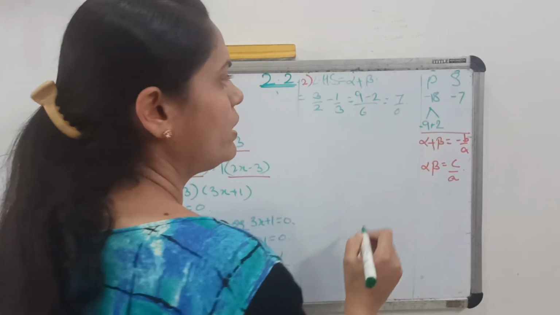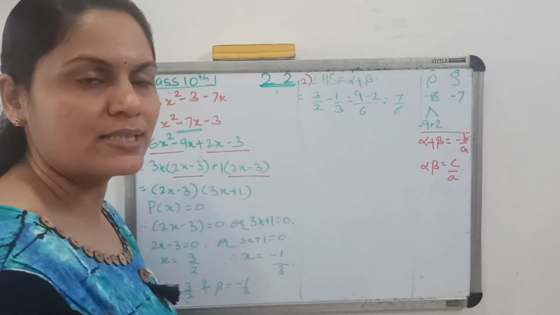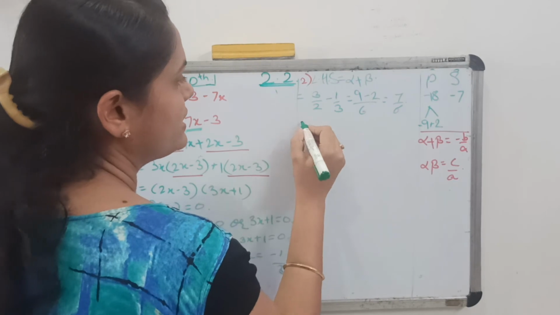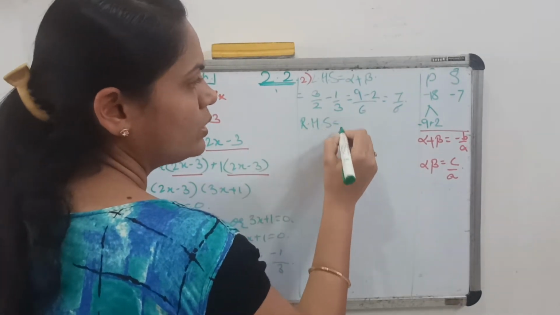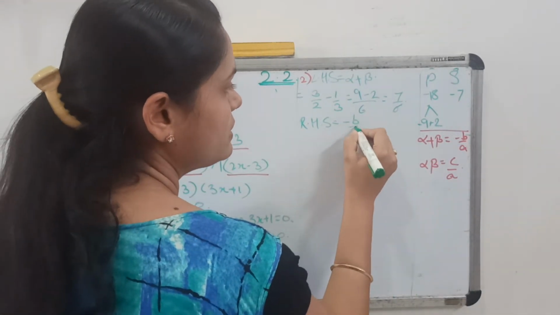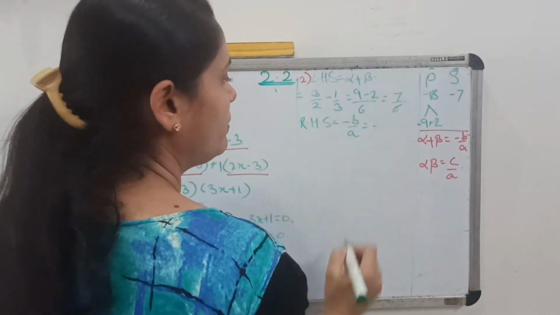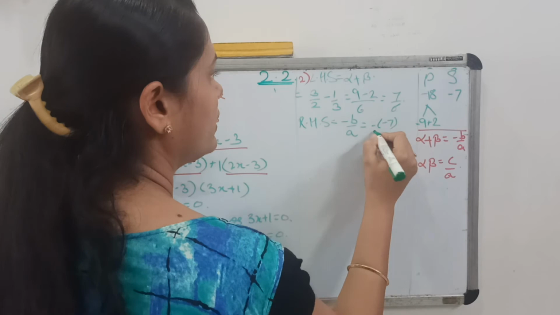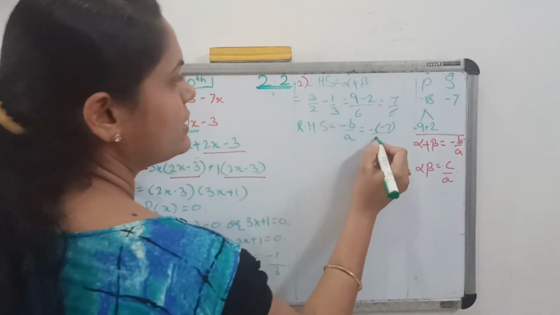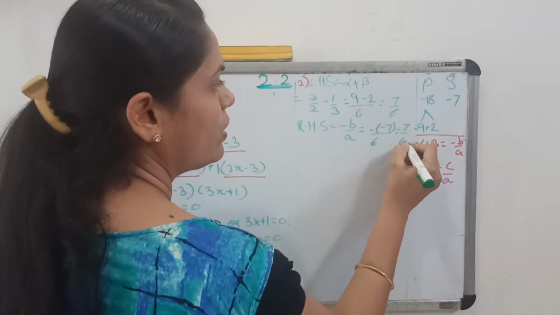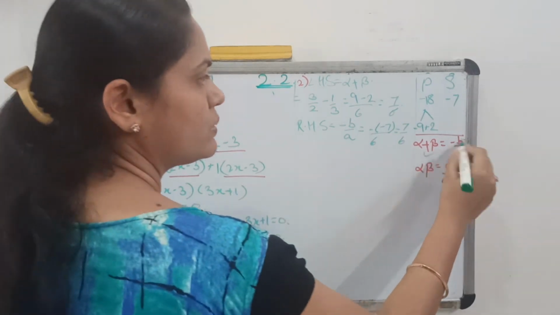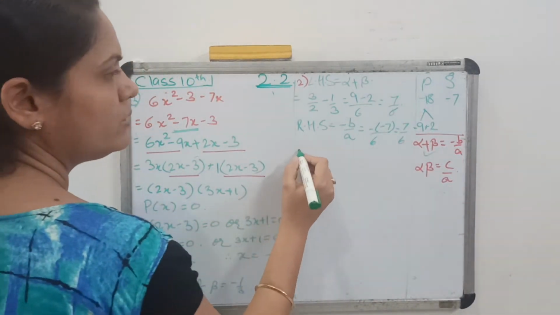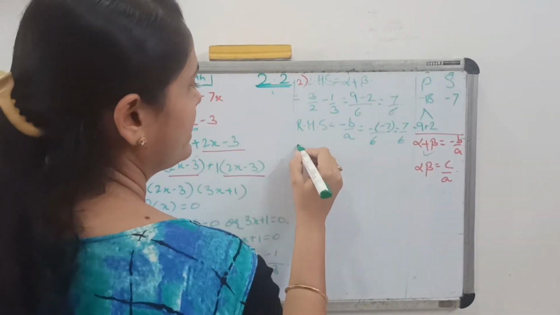That is 7 upon 6. Okay, this is our left hand side. Right hand side: minus b upon a. I wrote minus. What is my b? My b is minus 7. What is my a? It's 6. Got it. 7 upon 6. Verified.